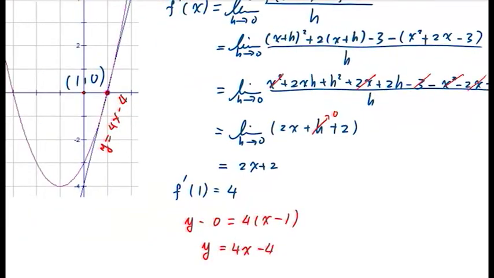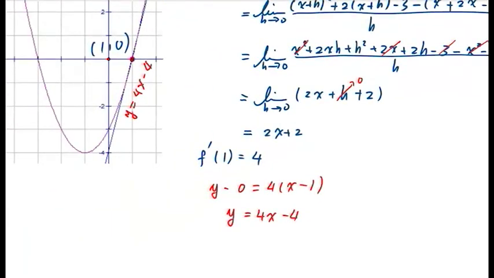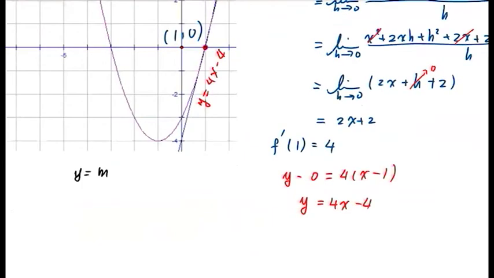Okay, well, caution. Some of you might have tutors that teach you this way. And then you plug in (1, 0), right? And then m is equal to 4.